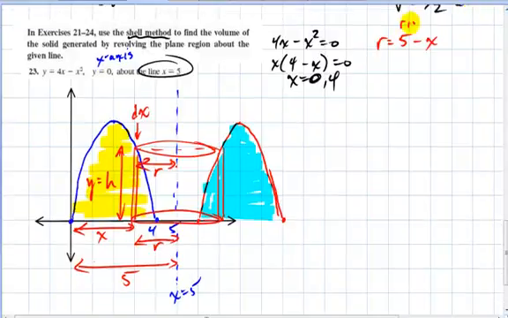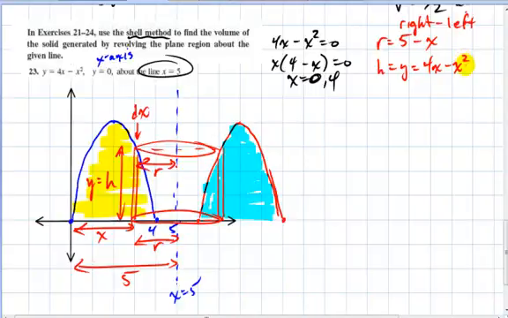Now let me just say that again. I found that by taking right minus left because it's horizontal. All right, height is a y value, which is equal to 4x minus x squared. And I want to use the shell method, so my shell volume is going to be circumference, 2 pi r, but my r is 5 minus x, times my height, which is 4x minus x squared, times the thickness dx.